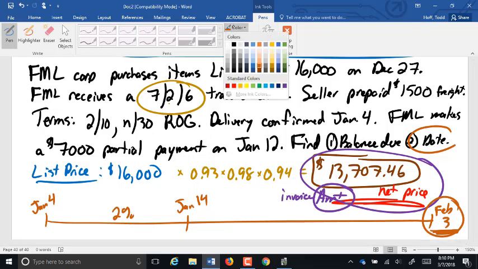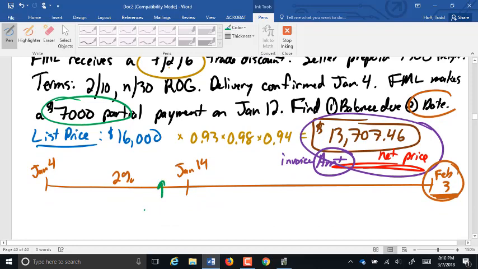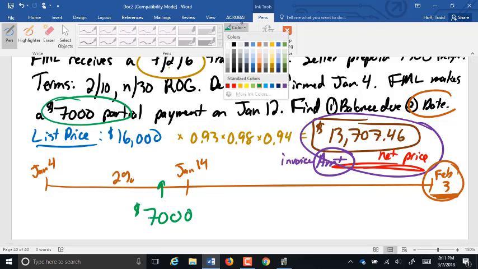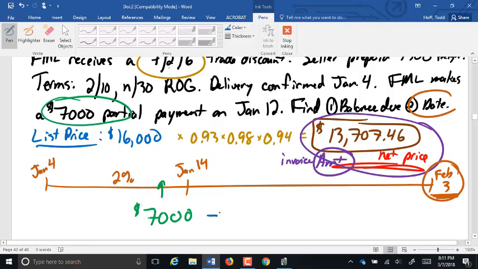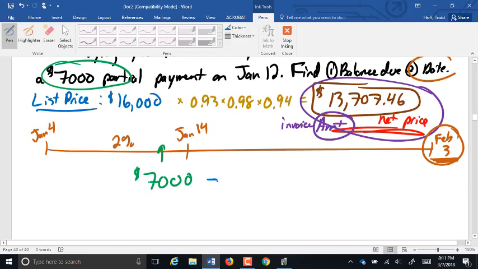Next, we make our partial payment of $7,000. So we got that partial payment of $7,000 made on January 12th. That part's good. We're going to get the discount, but first we have to subtract the freight of $1,500 to get $5,500, which is going to go towards the invoice.